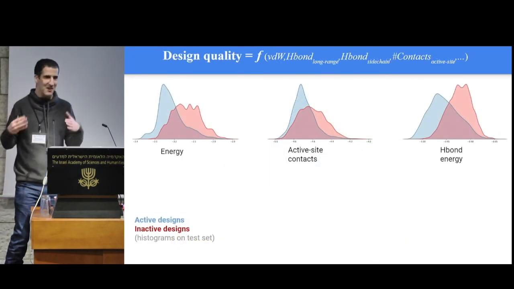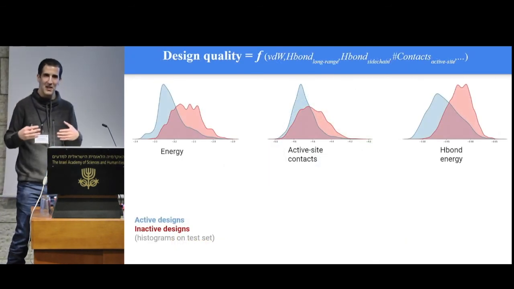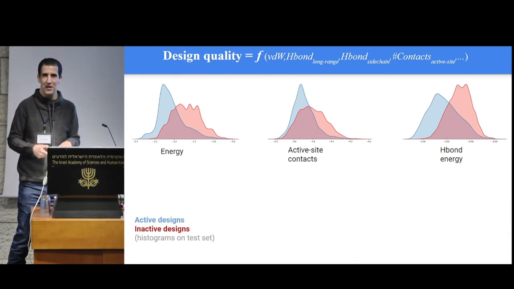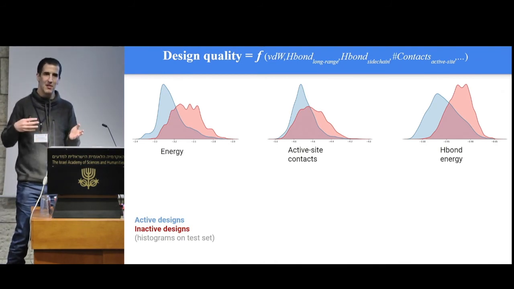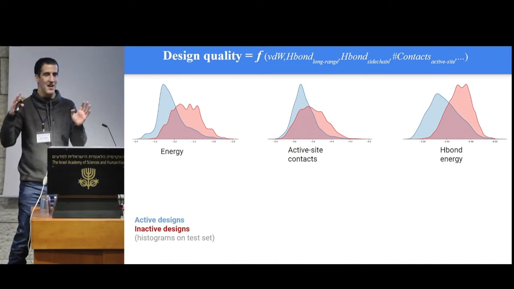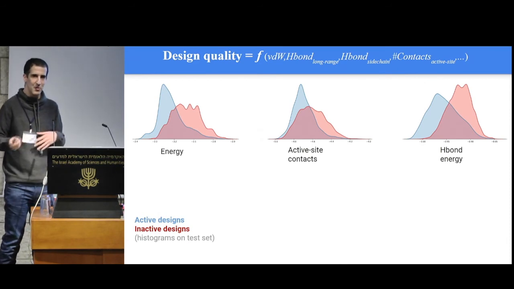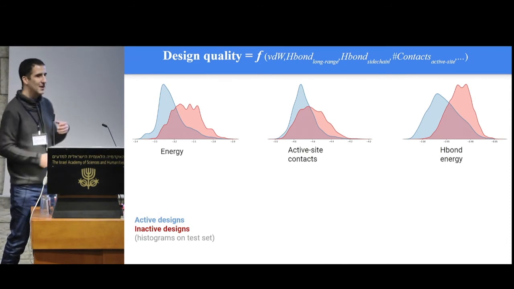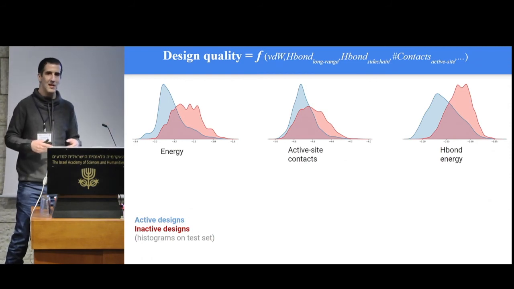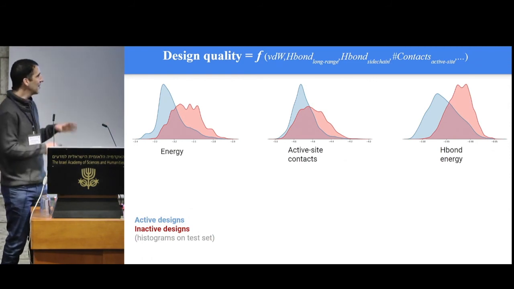So what can we learn? Again, the main purpose of this study is to learn new features that are important for discriminating active from inactive designs. So we can use a variety of different structure and energy features to discriminate these designs. Some of them are very interesting for us. For instance, hydrogen bond energy is much improved in the active designs versus the inactive designs, et cetera, et cetera.